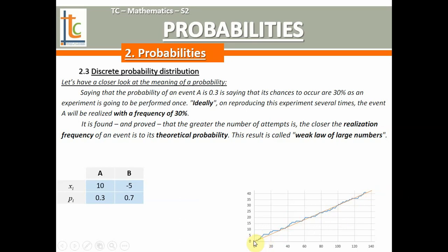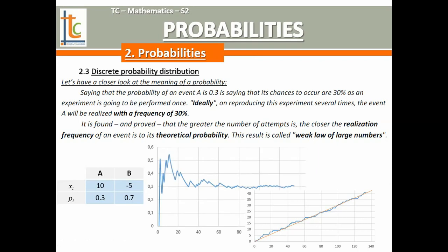So that is a cumulative graph. What if we divide the number of realizations of A by the number of trials for each point? It leads to the second graph displayed here, where you can see, firstly, with a small number of attempts, that you can't forecast anything on what could occur on average.